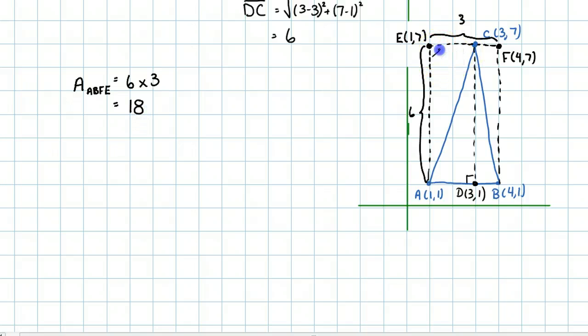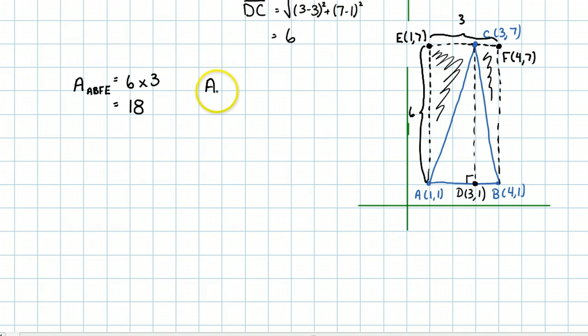So now, if I can get the area of this shape in here and this shape in here, I can then subtract them from the area of the rectangle, and then I get the area of what's left over. Because those two triangles are right triangles, it's really easy.